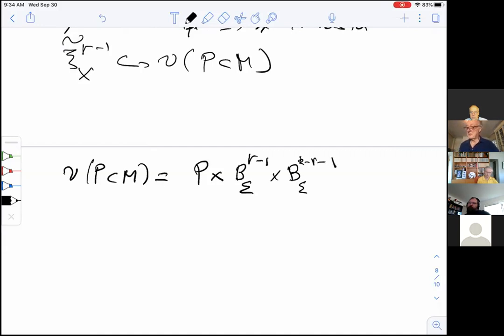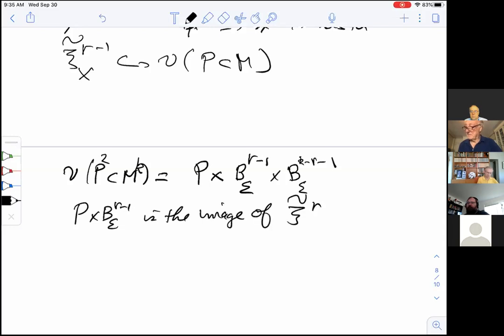So P is dimension 2. This is fiber dimension R minus 1. This is fiber dimension K minus R minus 1. So the total fiber dimension here is K minus 2, which is a complementary dimension of P in M. Now I do this in such a way that P cross B epsilon R minus 1 is the image of this extended bundle.